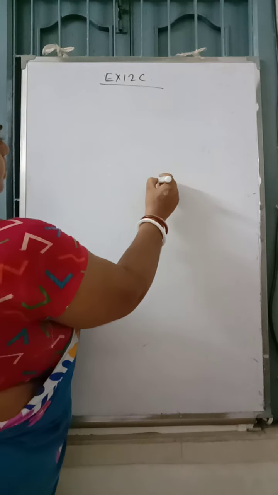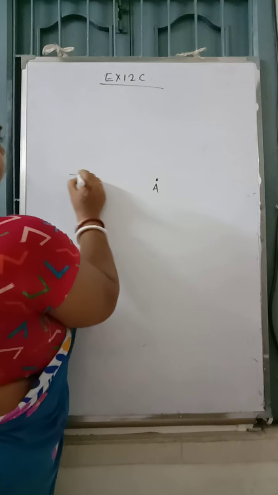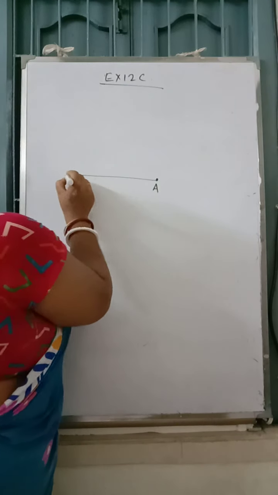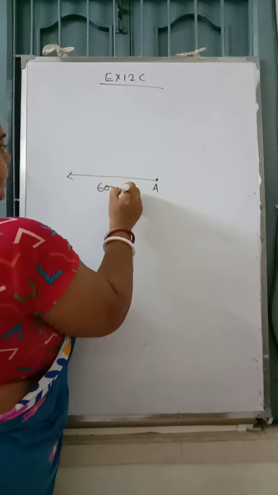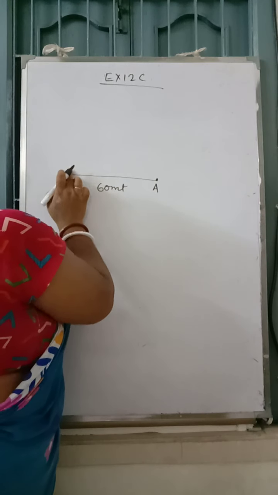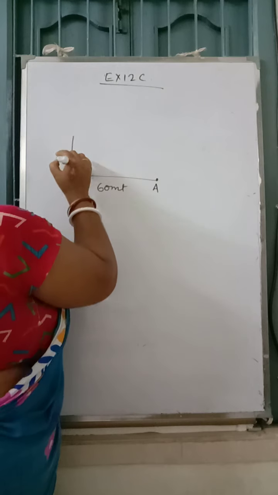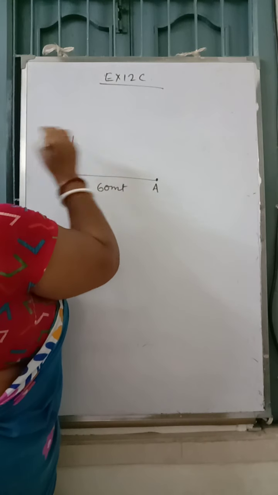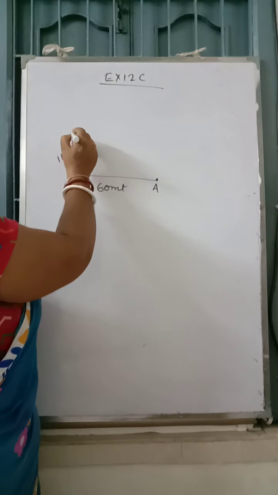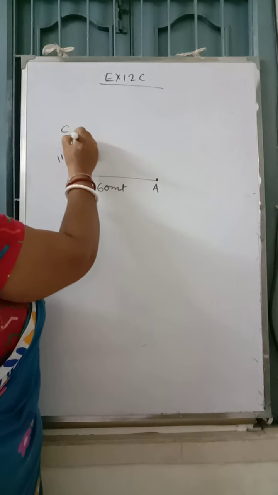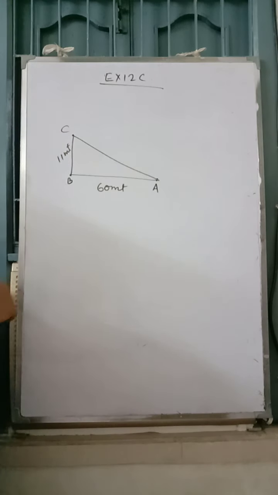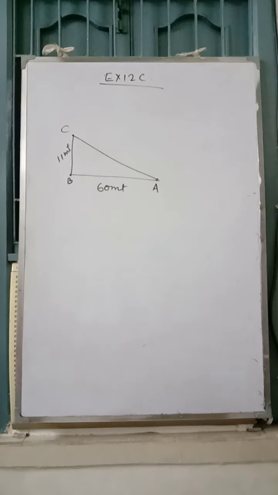This is his home. A is his home. He moves 60 meter west. Then turns at a right angle. So at B, he is turning towards south and moves 11 meter, is it? And reaches to C. How far his home is from post office diagonally, is it?